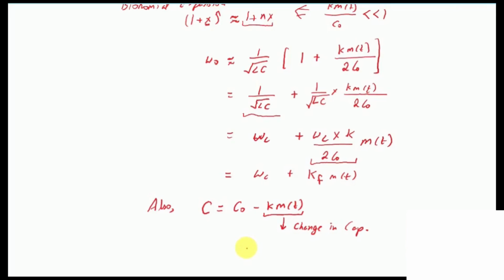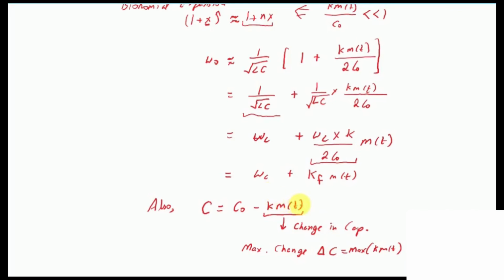And the maximum change is simply delta C, which is a very simple expression. That is, if you maximize this block K m(t), that value would be delta C, that is the maximum change.